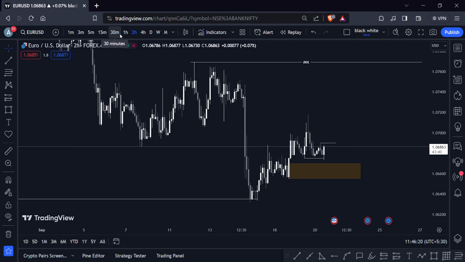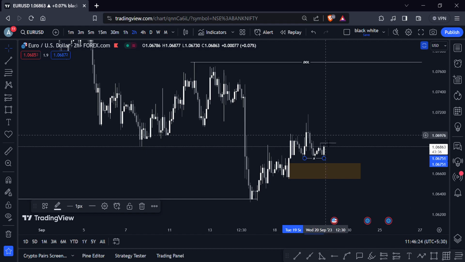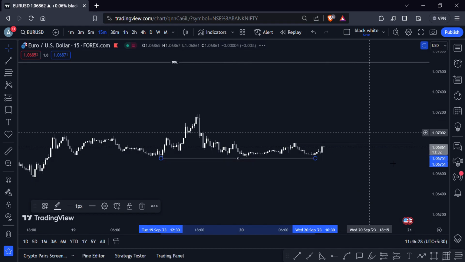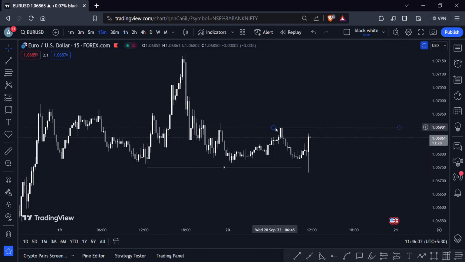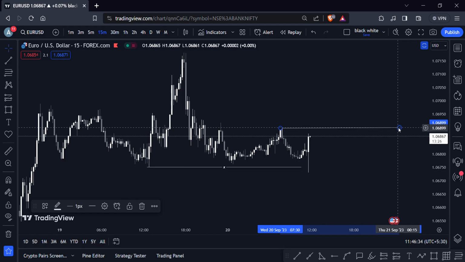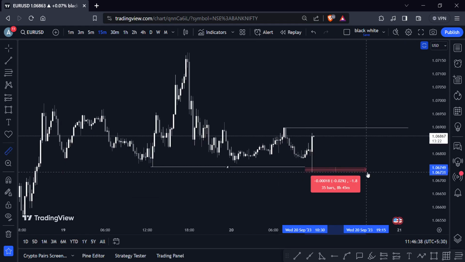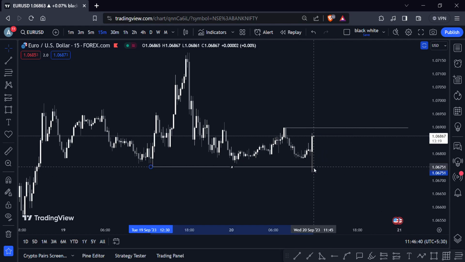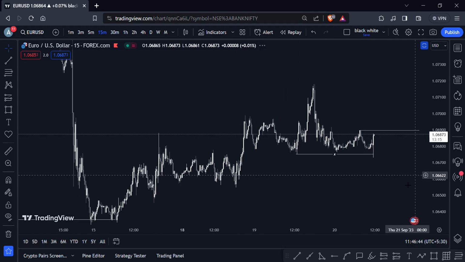So everything is vague till we get a breakout above it or a break down below it. So in 15 minutes, let's go for the 15 minutes now. Either we wait for the breakout over here, or we are going to fall down. So the current market scenario is like this only.